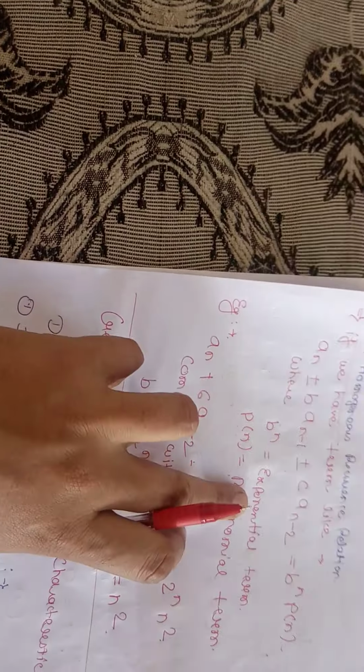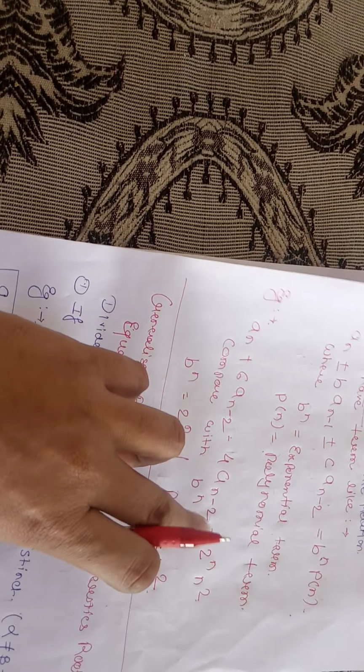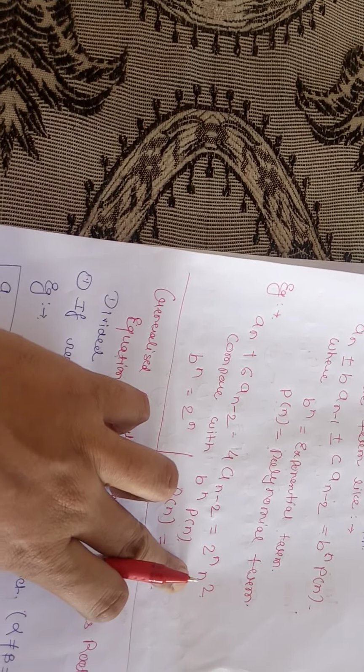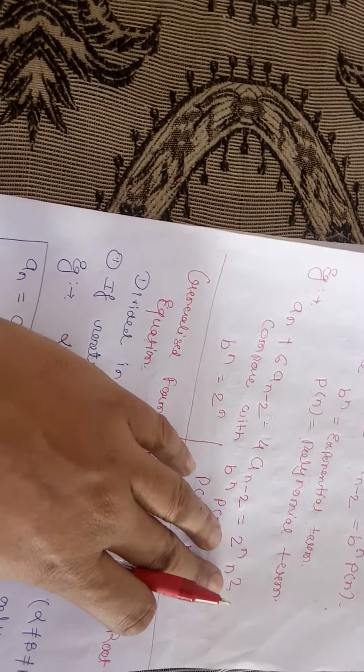If we have an example like this, a_n plus 6a_(n-1) minus 4a_(n-2) is equal to 2 to the power n into n square. Now if we compare, the RHS of a homogeneous equation is 0, but here it is not equal to 0. We have some exponential term or polynomial term on the right hand side. That's why this equation is called a non-homogeneous recurrence relation equation.